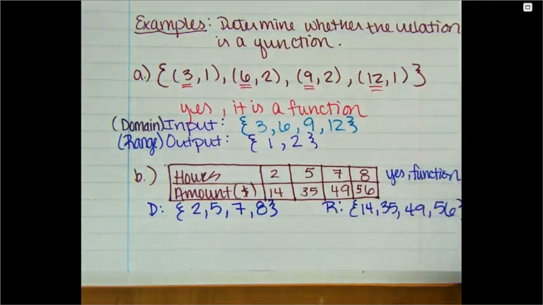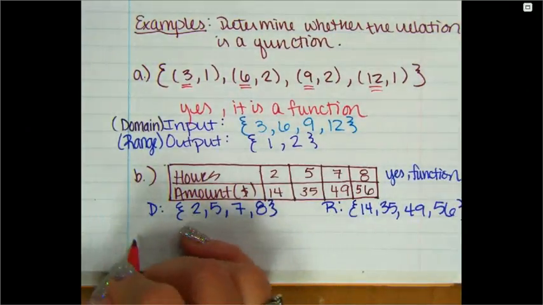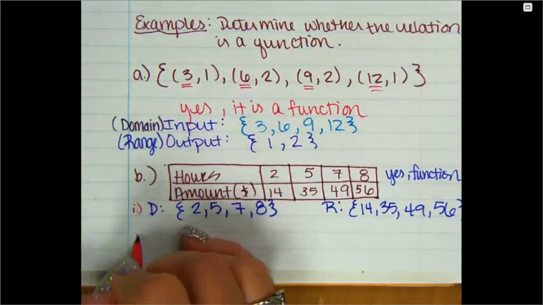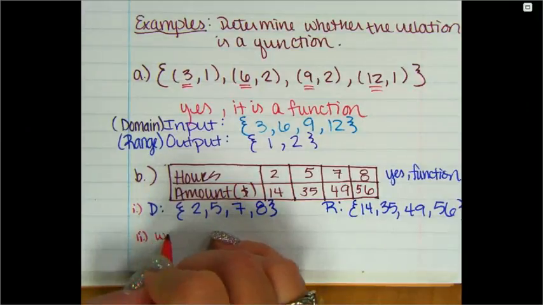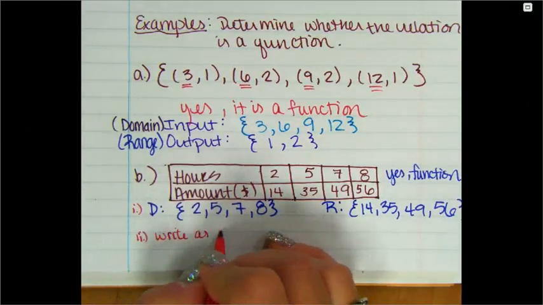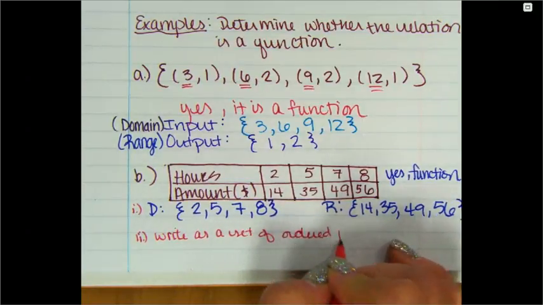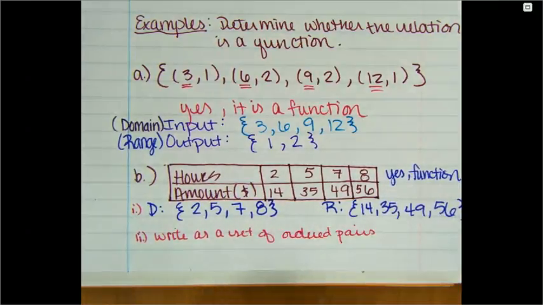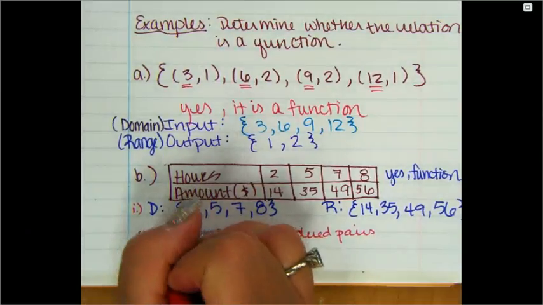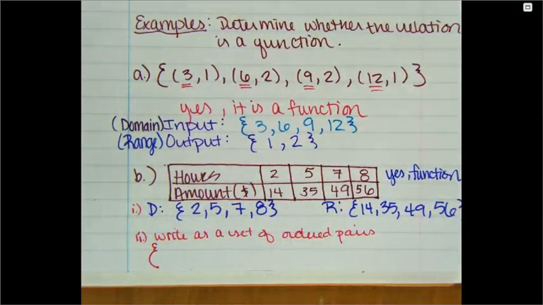Easy enough? Okay. Next thing I'm going to have you do is write it as a set of ordered pairs. So this was step 1. Step 2, I want you to write it as a set of ordered pairs. It's going to go like this.